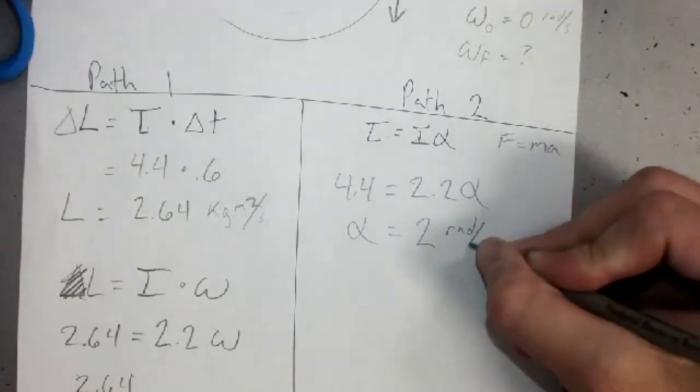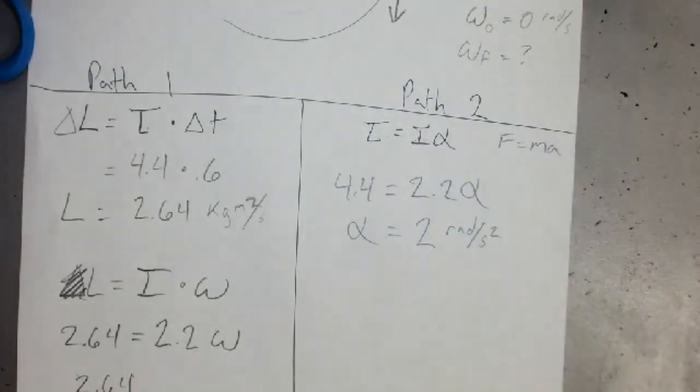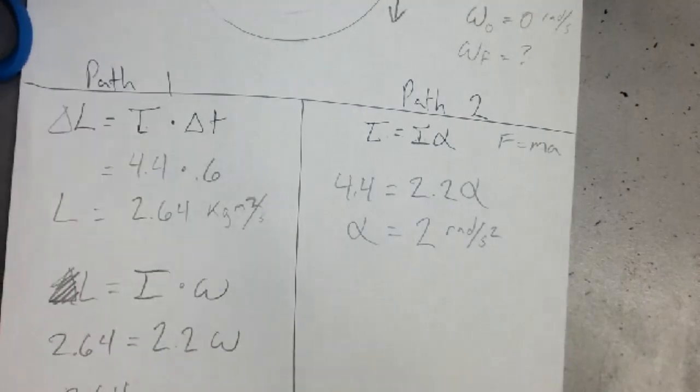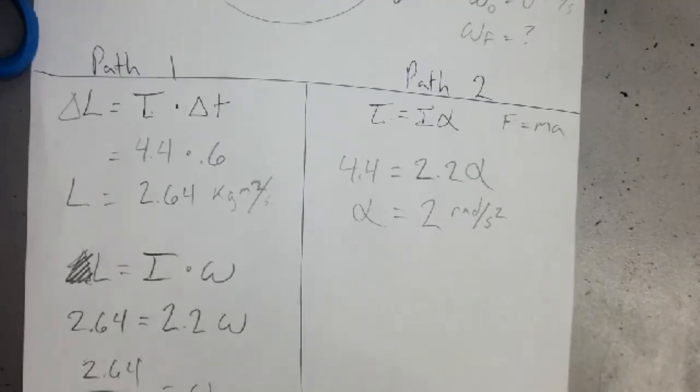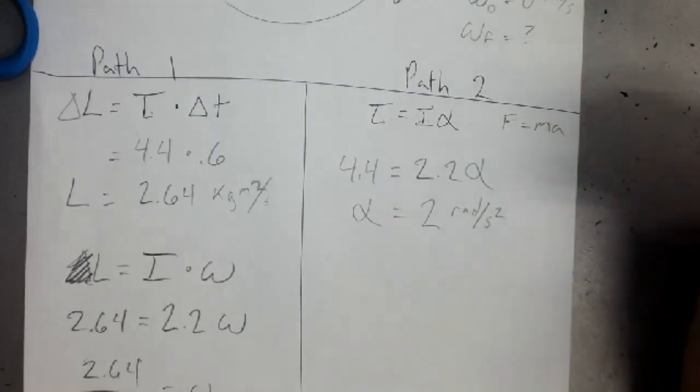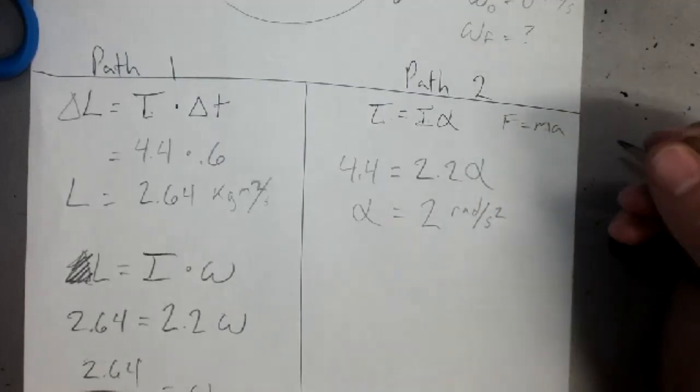So 2 radians per second squared. And now you can kind of think about kinematics, right? If I accelerate at 2 radians per second squared for a time period of only 0.6 seconds, what would that look like for my final speed?